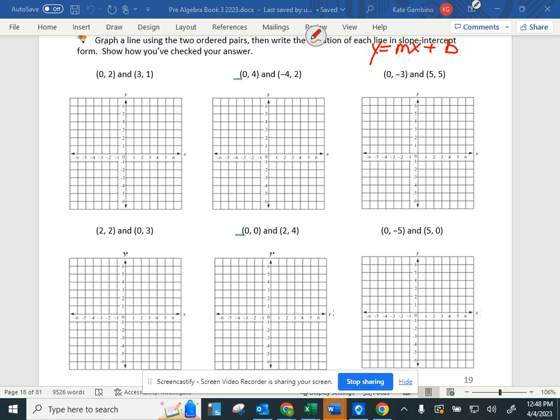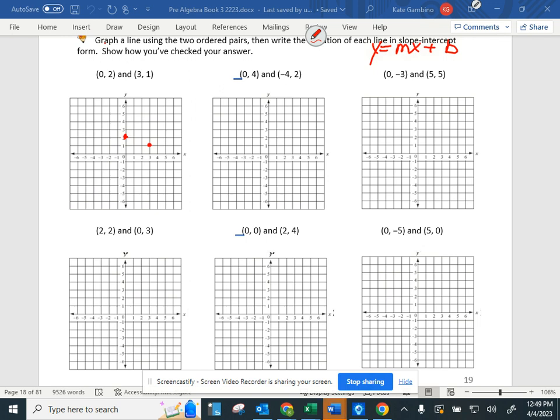I'm going to look at my two ordered pairs that I'm given. This one's (0, 2), so my x is 0. I start at the origin. My y is 2. So if x is 0, you're starting at that 0 spot, and you're going up 2. Now I have (3, 1), so my x is 3, my y is 1.